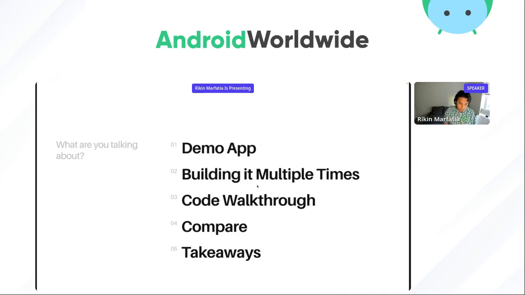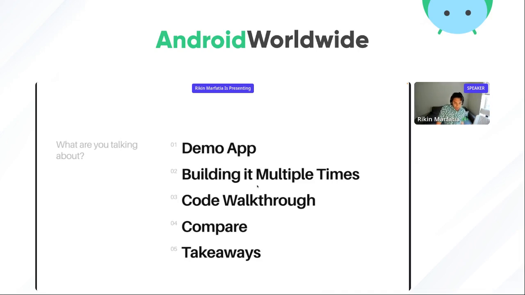Just to give a brief agenda of what we'll be talking through, I'm going to show you an application that I built for this talk, and we're going to be building it multiple times using the various libraries. Basically, we're going to evaluate those libraries through the context of building this demo app.